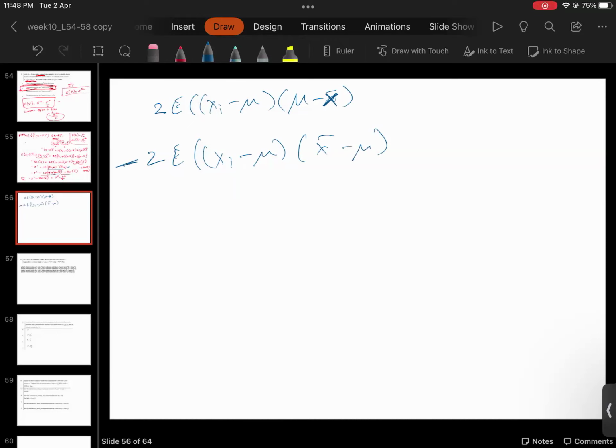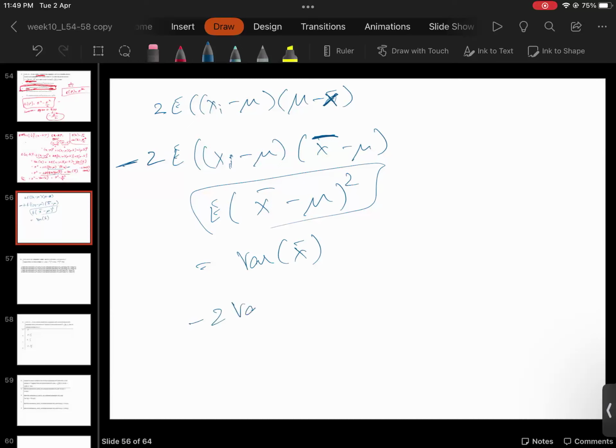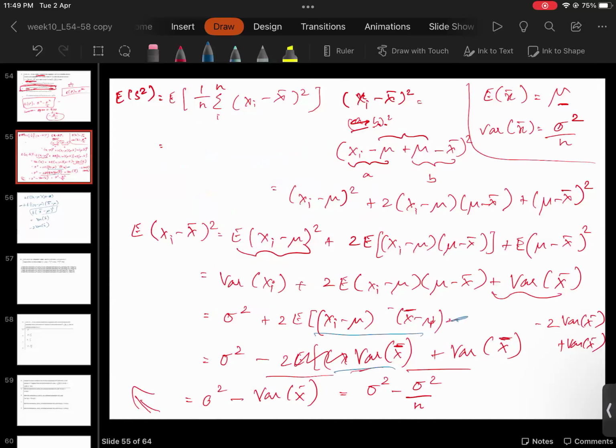And now what you have is randomly sampled, so when you have both of these, it's basically something equal to E of (x bar minus mu) the whole square. So again, E of (x bar minus mu) the whole square is equal to variance of x bar. So that's why you have minus 2 variance of x bar. That's what we applied here. Minus 2. Okay, ma'am. Got it. And then you solve this. Variance of x bar, you know this, you substitute. You get it.